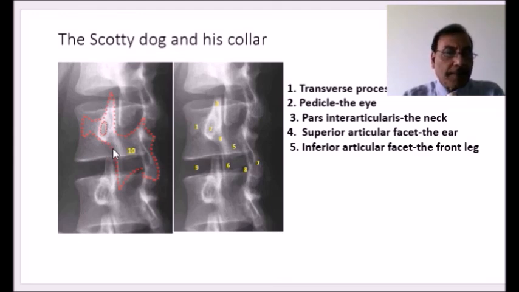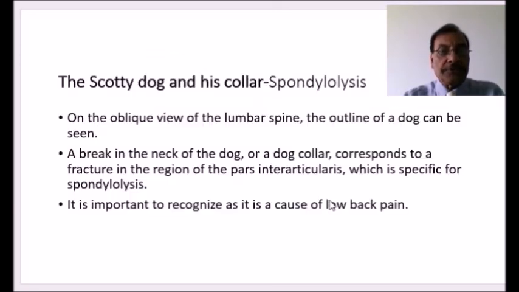The inferior articular facet looks like the front leg. So the dog is completed. And he has a neck here. And if the neck is cut, this condition is called spondylolysis. So a break in the neck of the dog, or dog collar, corresponds to a fracture in the region of the pars interarticularis.